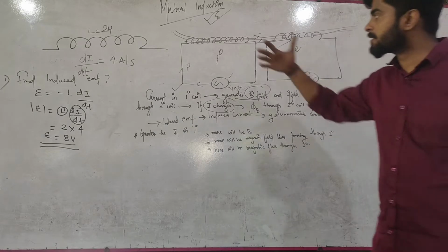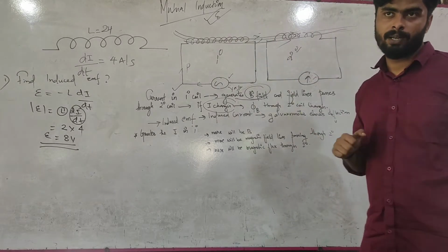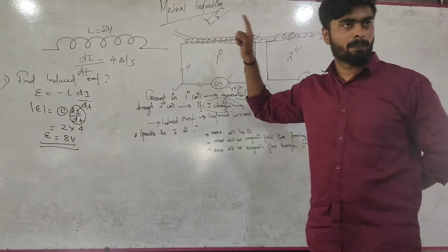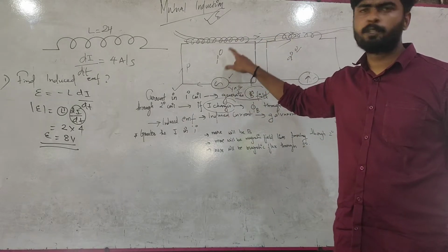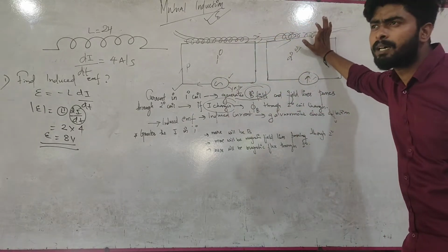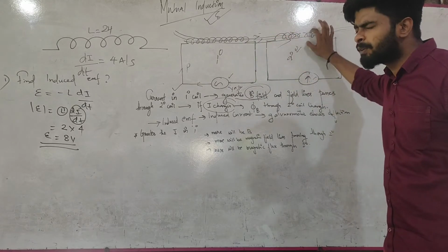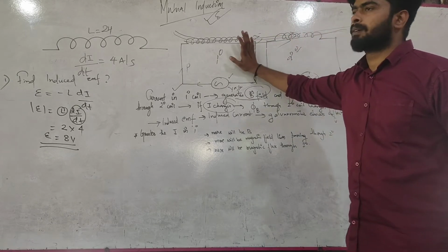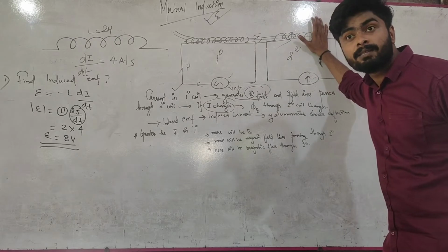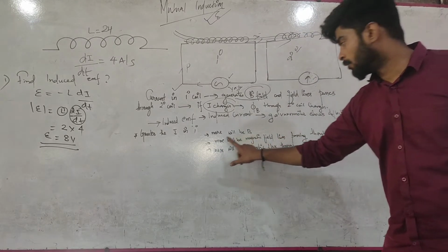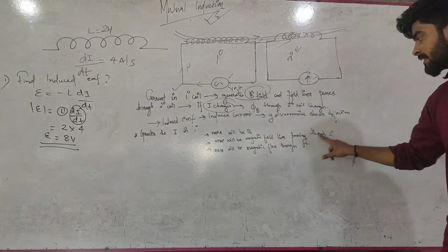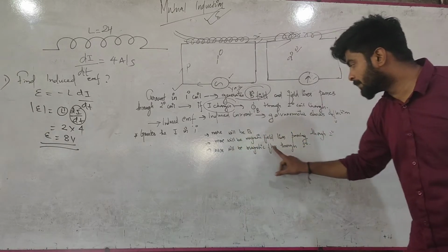So more magnetic field lines will be available to the secondary coil, and the magnetic flux will increase, right? So the more the magnetic field, the more magnetic field lines pass through the secondary coil, the more the magnetic flux through it.